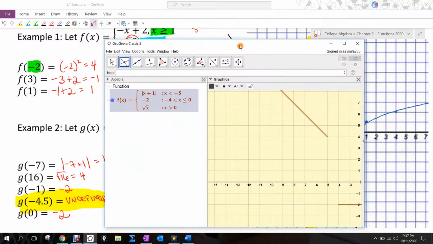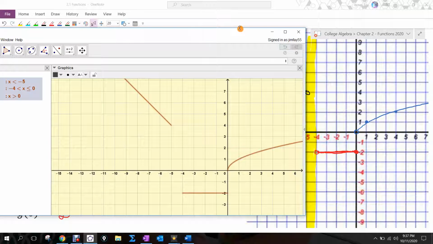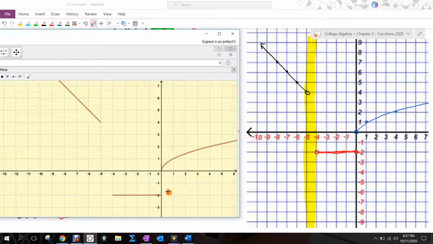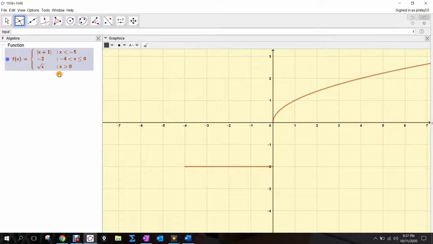It's kind of messy, but you can see that our graph that we wrote by hand is similar to what we get here. The only thing that GeoGebra doesn't do for us is, at this juncture right here, I'm not sure which one is open and closed. That's kind of a pitfall of this.